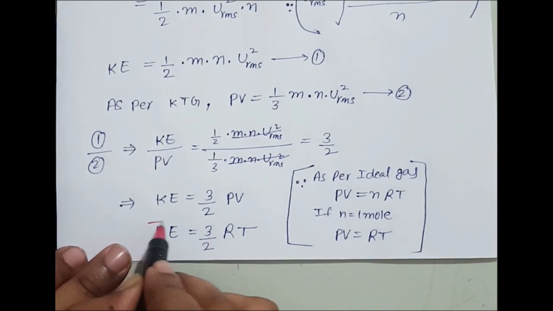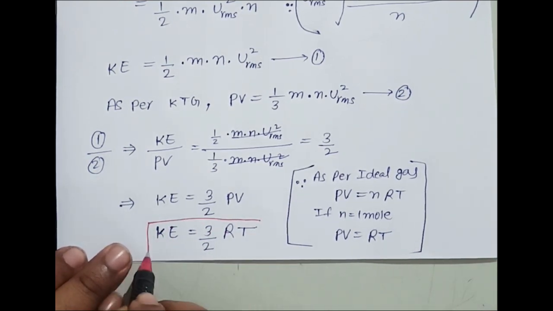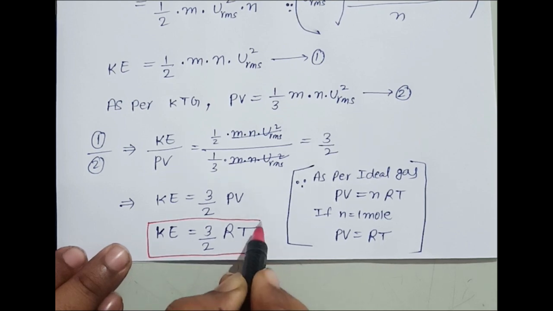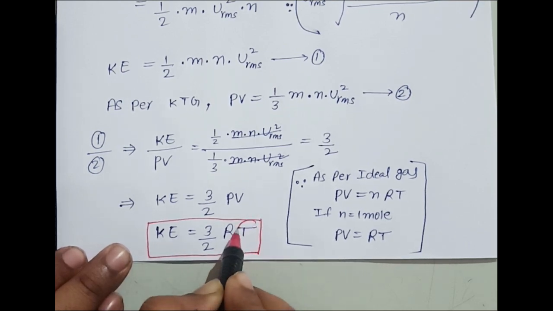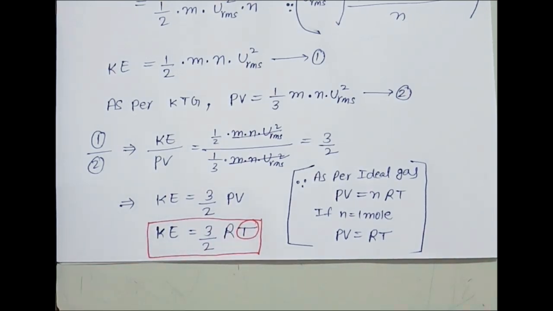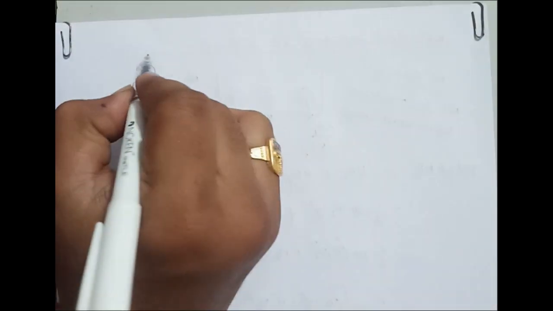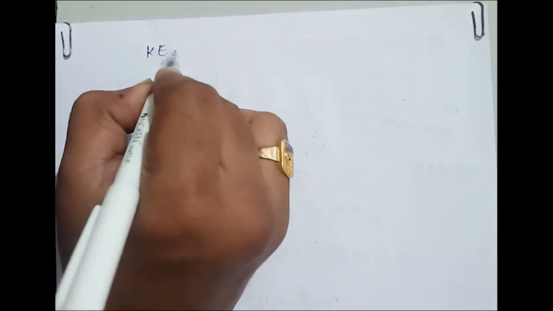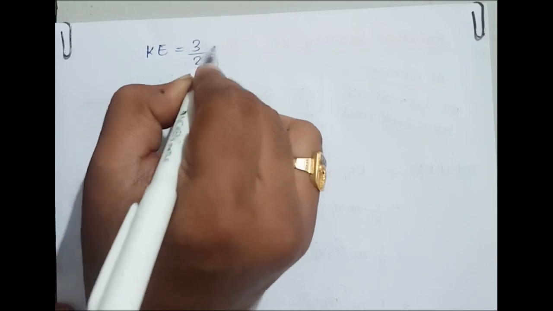So here the kinetic energy of any gas depends on absolute temperature. Apart from that, kinetic energy will not depend on anything. I will explain this point. What we got here is KE is equal to 3 by 2 RT.